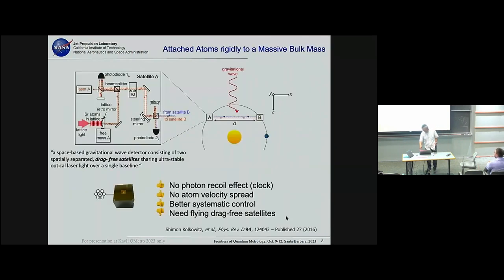In an early talk, Shimon a couple of days ago already talked about using a clock to do gravitational wave detection. In order to make the clock drag-free, you can tie your atoms in a lattice to a test mass, and the test proof mass can be exactly the same as the LISA proof mass, with the atoms just tied to it.